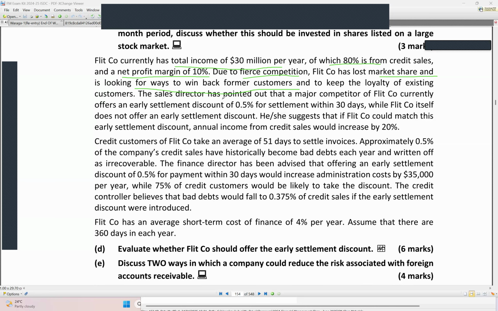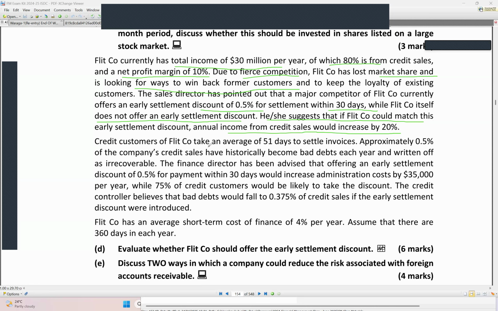So the director of sales has pointed out that the competitor is offering early settlement of 0.5% if you settle within 30 days. But for us, we don't offer such. So he suggests that if we could match this settlement discount, the income from credit sales would increase by 20%.